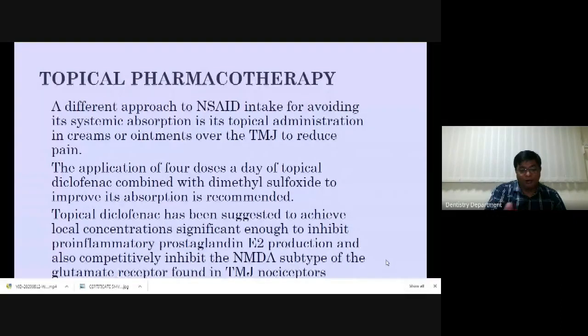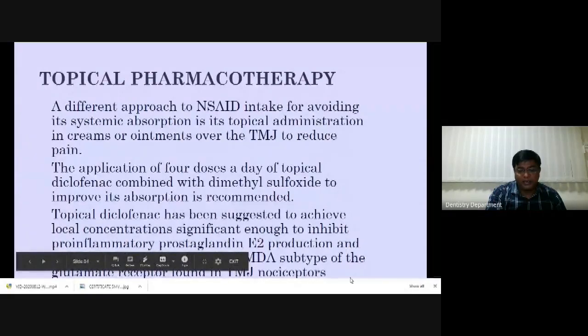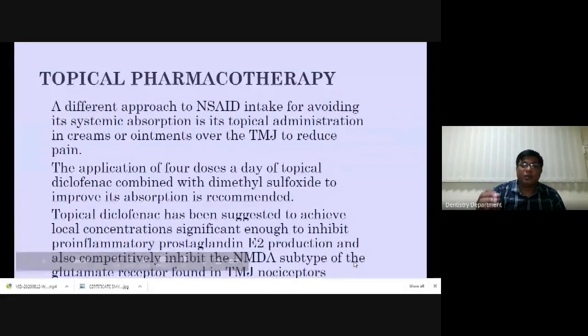They found out scientifically also that it inhibits the prostaglandins and NMDA subtypes, etc. So you can very well prescribe this to any patient with TMJ pain. There is one problem with that, which is consistent application, that is self-medication. If the patient does this again and again on their own, in their own way, without consulting you for a long time, because it is applied on the face, tanning may occur in those regions because of the topical agents.